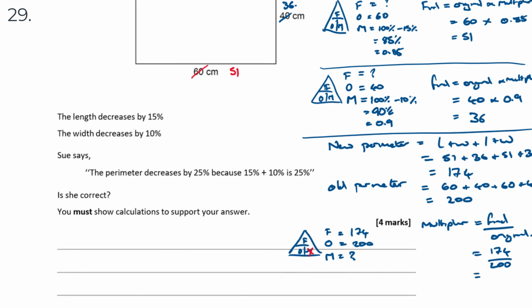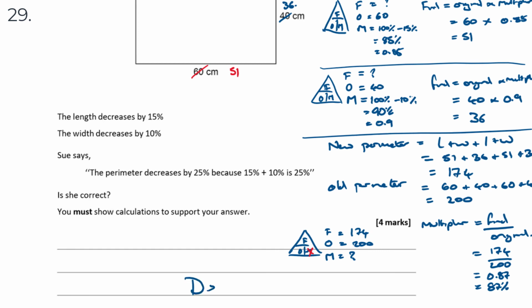That makes my multiplier 174 divided by 200. That's 0.87 as a decimal, which is 87% as a percentage then, isn't it? So then what is the percentage decrease? If it was 100%, it's now 87%, then it must have decreased by 13%.